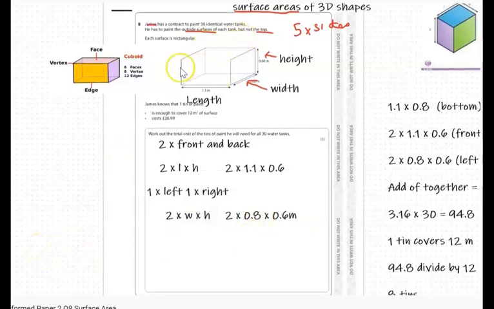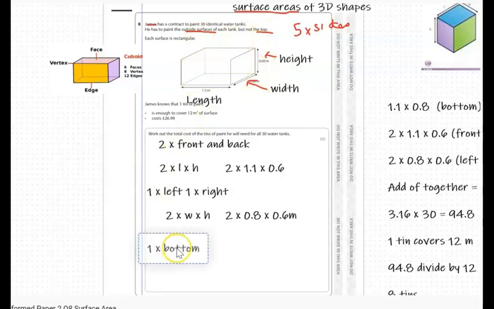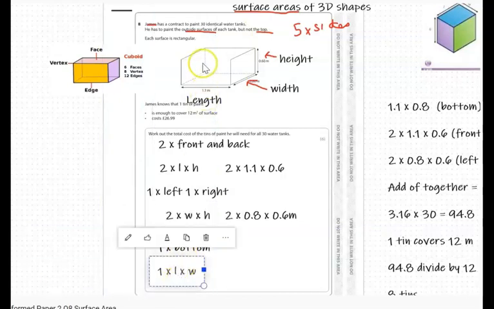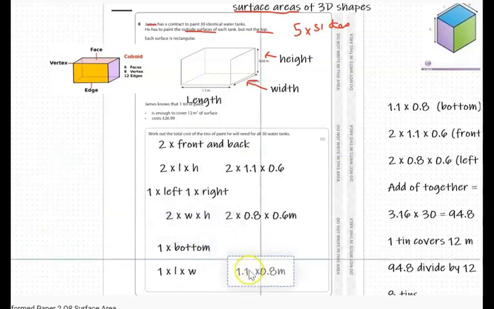Okay, so we've got 1, 2, 3, 4 sides. 1 more side, which is the bottom, so not the top. So we've got 1 times bottom, and that is length and width. The measurement associated with that is 1.1 times 0.8.